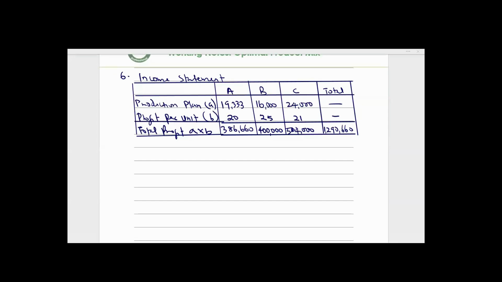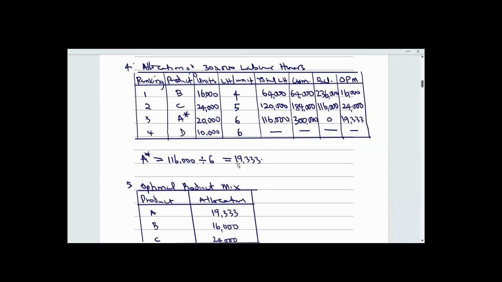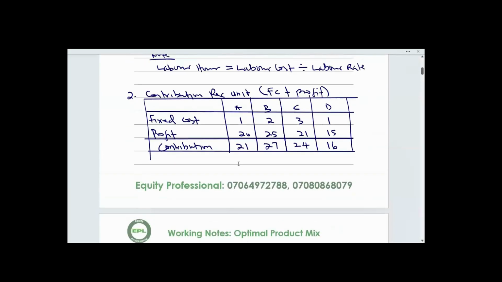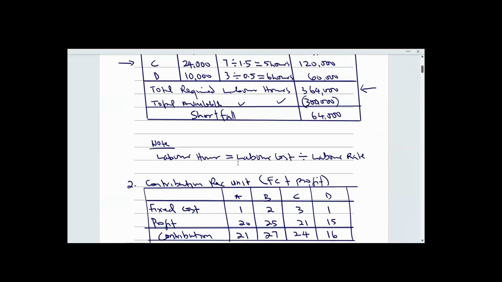Since you already have the formats, when I was explaining the concepts, I mentioned how to determine key factor per unit. In most cases, the examiner will not give you material kilogram per unit or labor hour per unit. You are the one that will determine it.